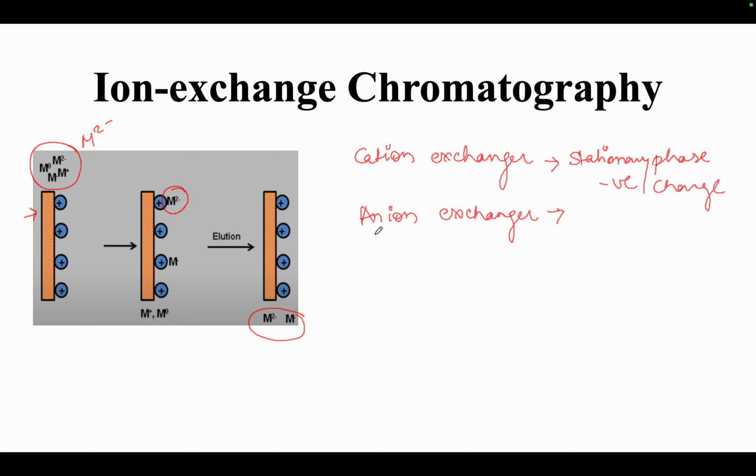And in an anion exchanger the stationary phase will be positively charged. So if our protein is positively charged, we can use a cation exchanger, that is, it will bind to a negatively charged stationary phase. Whereas if our protein is negatively charged, we can use an anion exchanger, so that it will bind to the positive stationary phase.